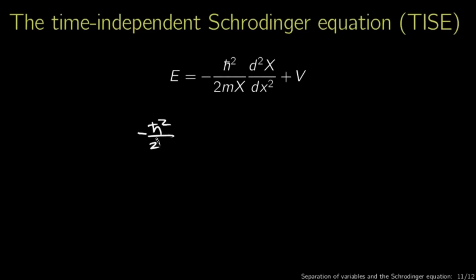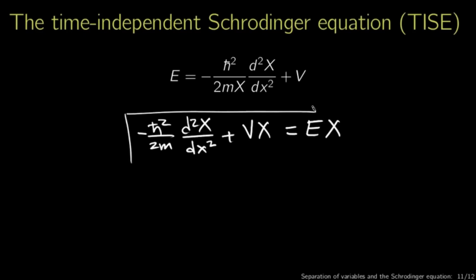Minus h bar squared over 2m, second derivative of capital X with respect to position, plus V times capital X is equal to E times capital X. And this is all the better we can do. We can't solve this equation because we don't know what V is yet. V is where the physics enters this equation and where the wave function from one scenario differs from the wave function for another scenario. Essentially, the potential is where you encode the environment into the Schrödinger equation.